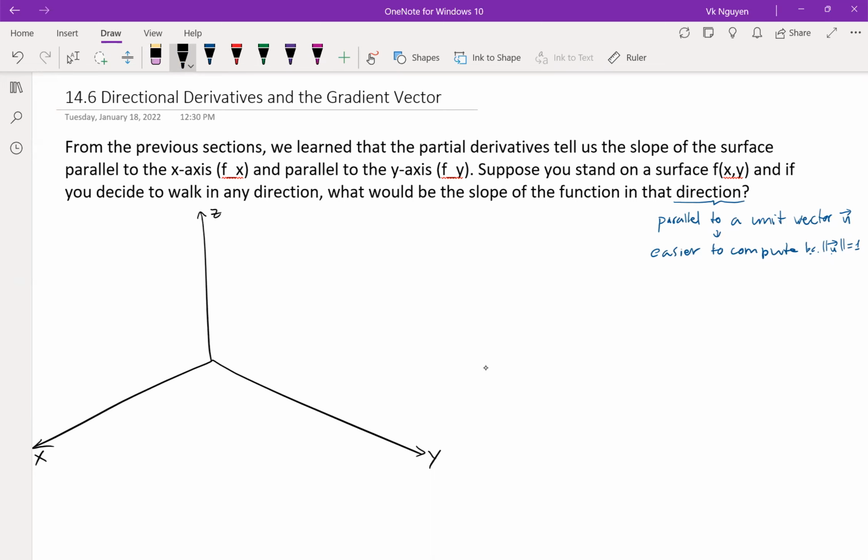Okay, so if I draw the surface, it's gonna be pretty messy. So I pick a point right here and another point right here.